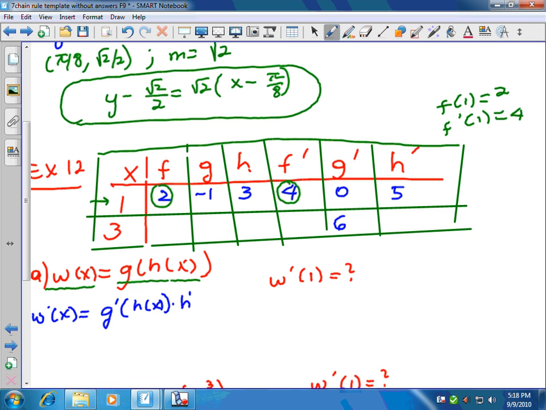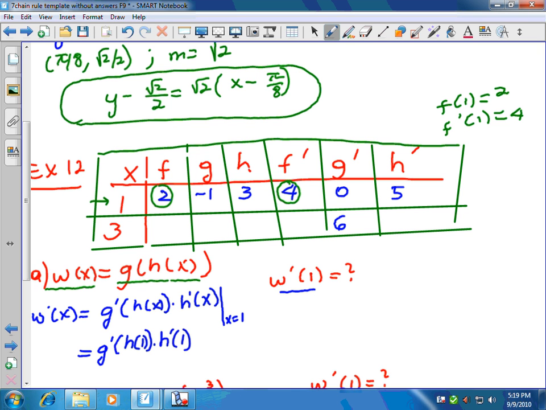You are right, the derivative of the inside, right? But specifically they want to know the derivative at the point 1. So I'm going to plug in x equals 1. That gives me g prime of h of 1 times h prime of 1.